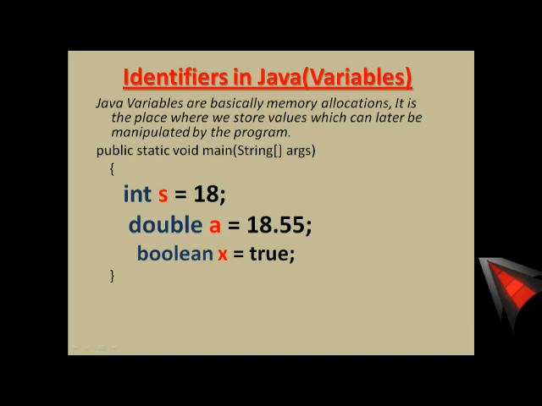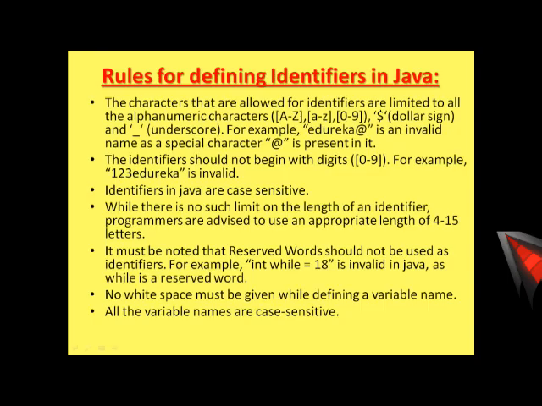Here a, small a, is a double data type variable storing a fractional value 18.55. Similarly, x is a boolean data type variable which is storing the value true. Okay. So these are the identifiers in Java.